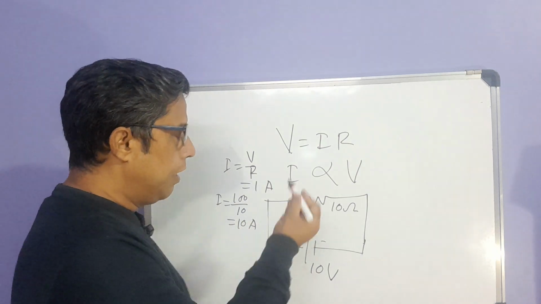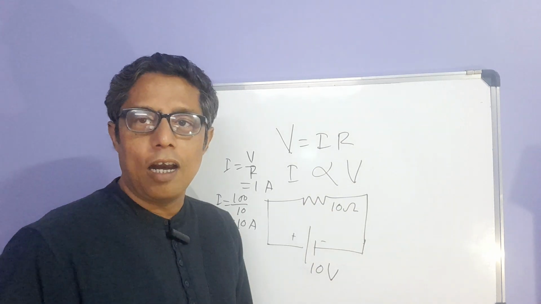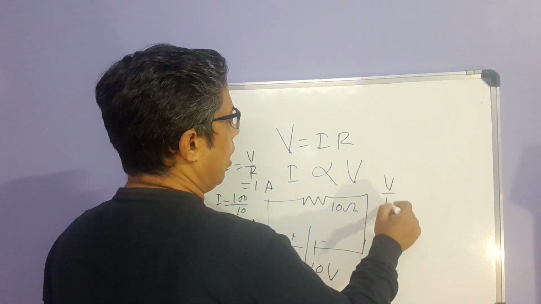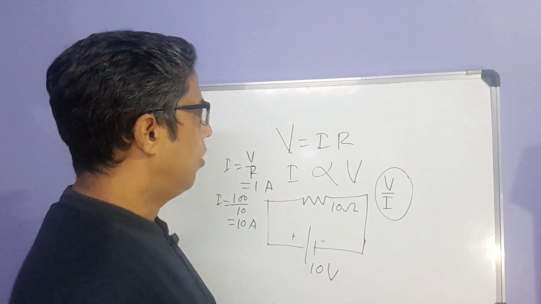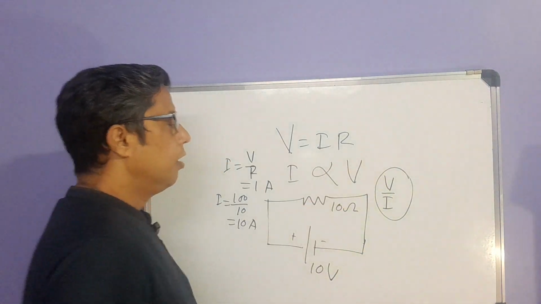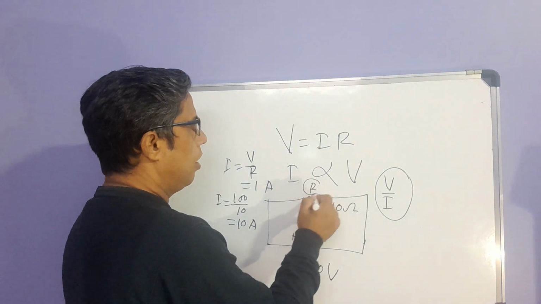So I am increasing the voltage 10 times, and my current is increasing 10 times. That means the V by I ratio is constant for a circuit, for a particular material. So this V by I is constant for a particular resistance.